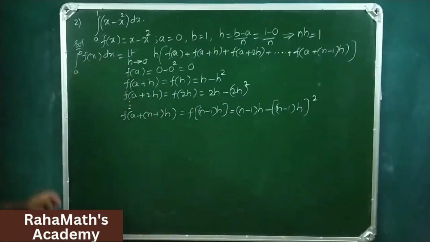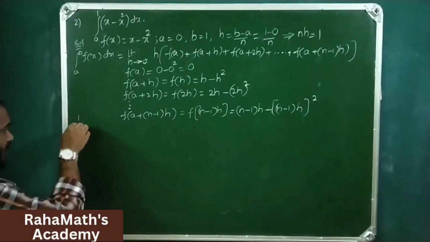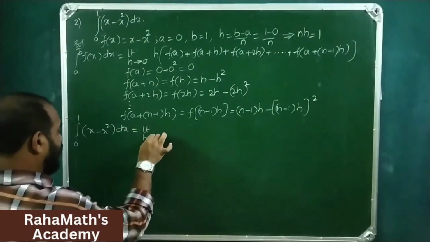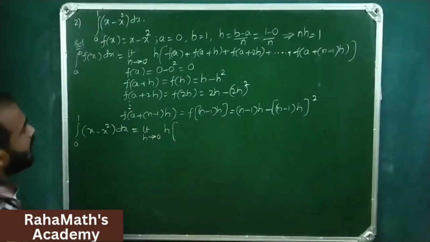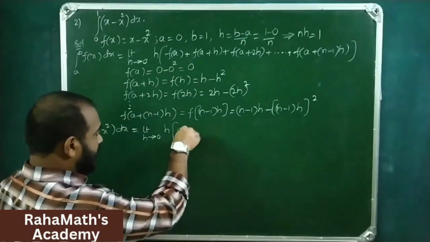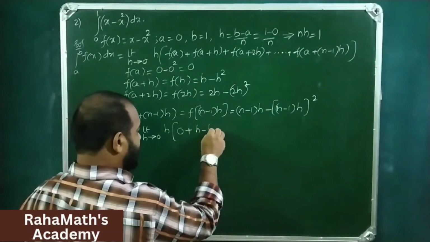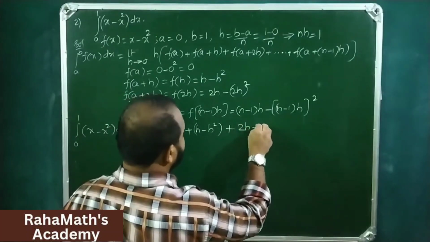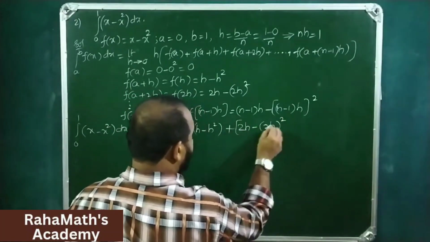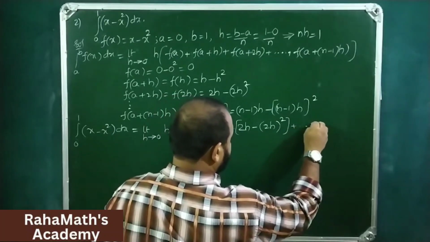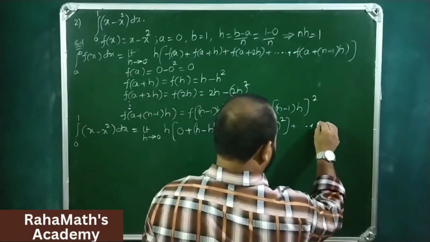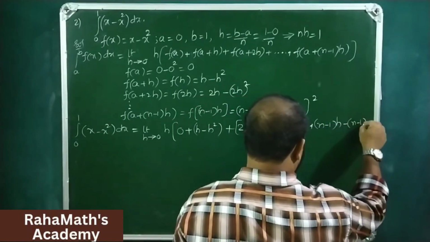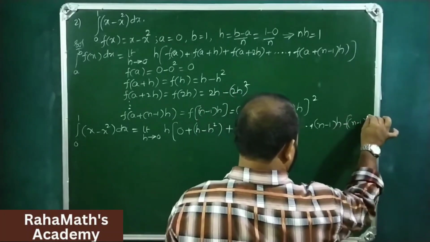Now, let us substitute in this. Integral 0 to 1 x minus x square dx is equals to limit h tends to 0, h into the value of f of a is 0 plus h minus h square plus 2h minus 2h whole square, etc. plus n minus 1 into h minus of n minus 1 into h whole square.